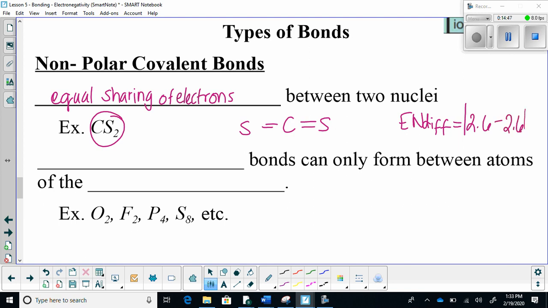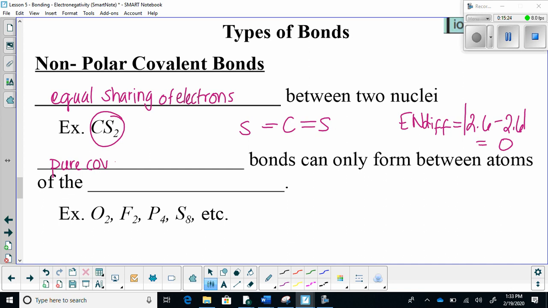So what does that give me? 0. When you have a very low electronegativity difference, near 0, that's when the electrons are being shared equally. These atoms have the same amount of pull on the electrons, so they are sharing them equally. None of them is pulling the electrons toward themselves more, because their electronegativities are the same. Does that make sense?